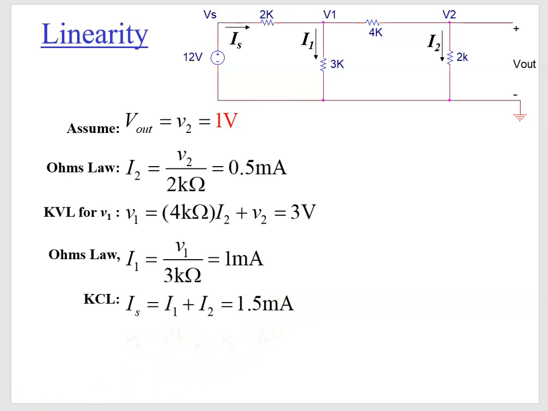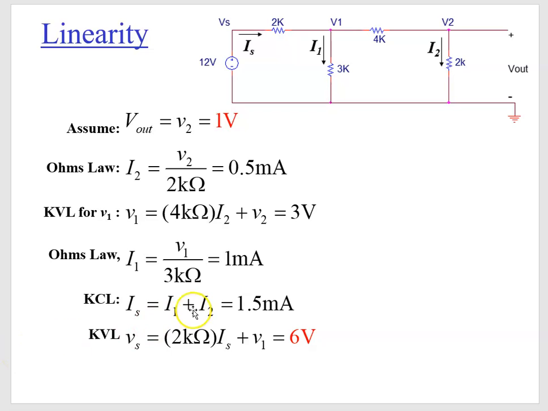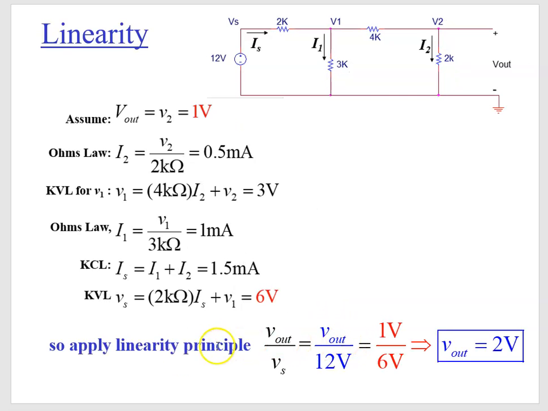Now that we have IS, we can find VS. By doing a KVL around this loop, our VS is equal to IS times 2 kilo ohms plus the V1, and it's equal to 6 volts. So then we can apply our linearity principle, and Vout over Vs is equal to 1 volt over 6 volts, and so our Vout is equal to 2 volts. So that's another way we can use that linearity principle.